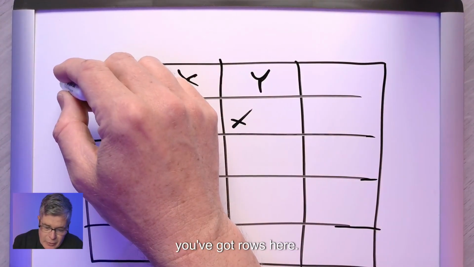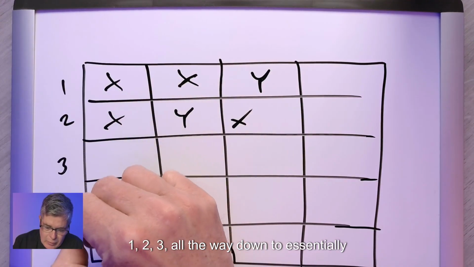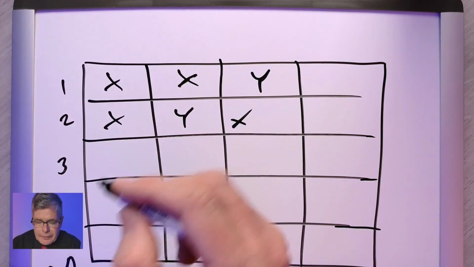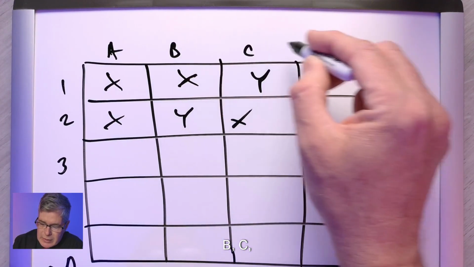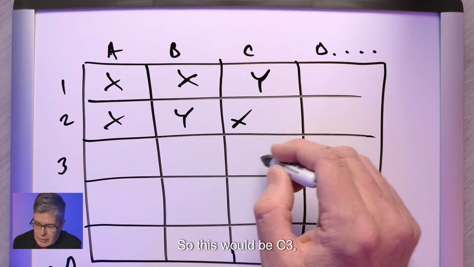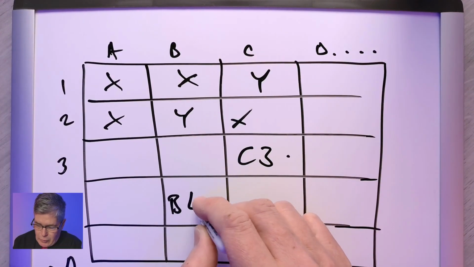So you've got rows here. The rows are numbered 1, 2, 3, all the way down to essentially infinity, almost. And then your columns A, B, C, D, etc. So this would be C3. This would be B4.